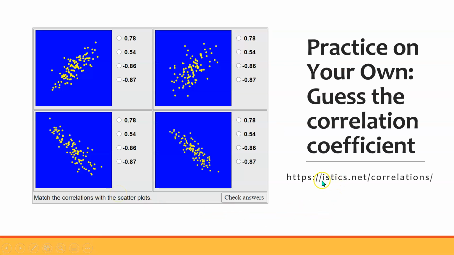So I would invite you to take a look at this particular website. It will give you an opportunity to practice. You make your choices and then click check answers, and it will give you a yes or no, and then give you another set of correlations to look at. That's one of the ways to sharpen your ability to perceive and approximate correlations. You don't have to do that all the time.